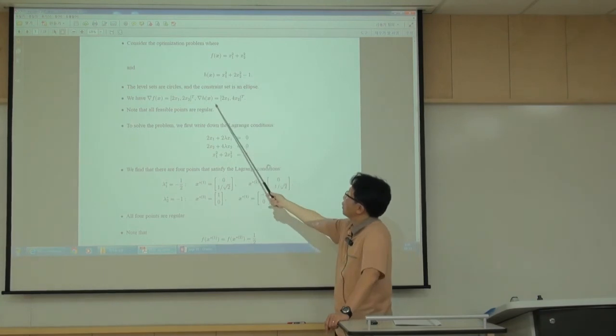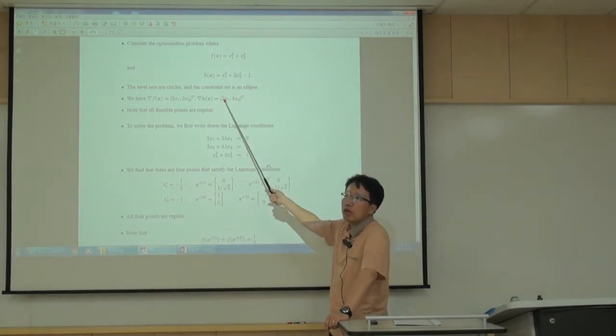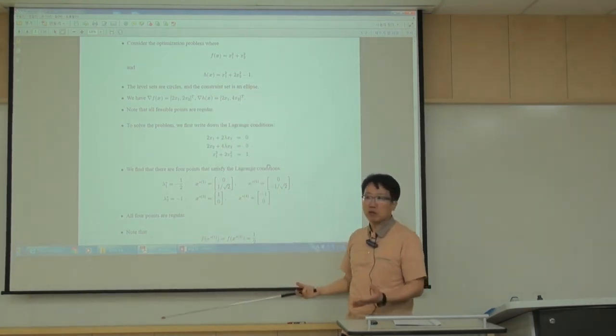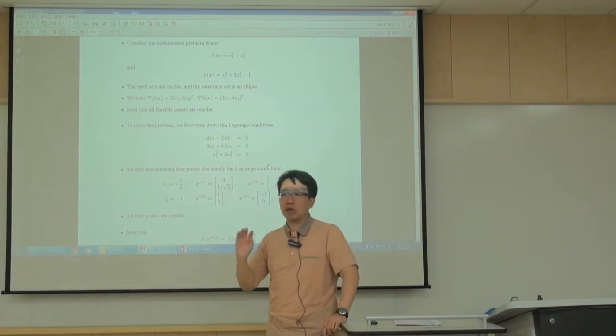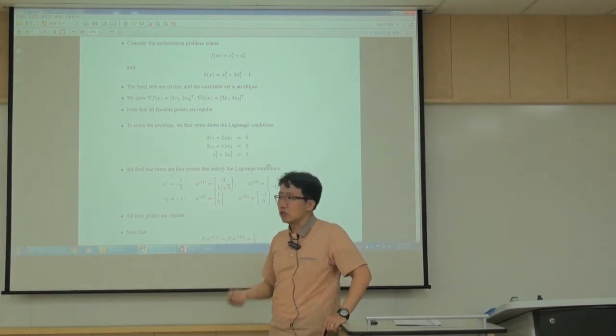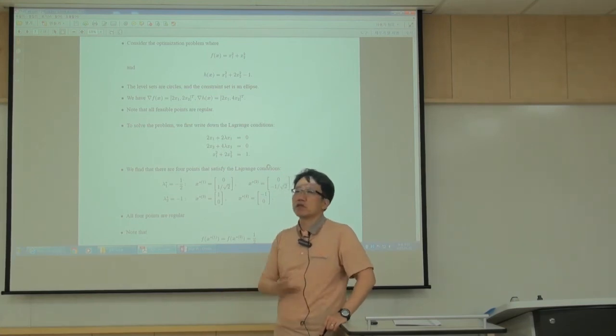So what does that mean? Every feasible x1, x2 is regular, because this vector is not 0. This is great news. Every feasible point is regular. So we just need to find the x and nu pair that satisfies the Lagrange conditions. And then every local extremizer will be included.